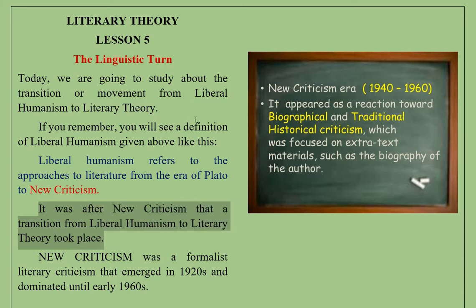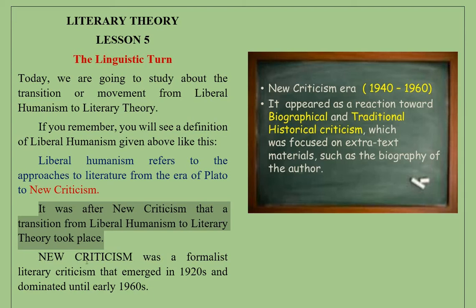In order to understand more about the transition, let us examine new criticism. I think you are familiar with new criticism, but let us see its basic tenets in order to understand the transition from liberal humanism to literary theory.